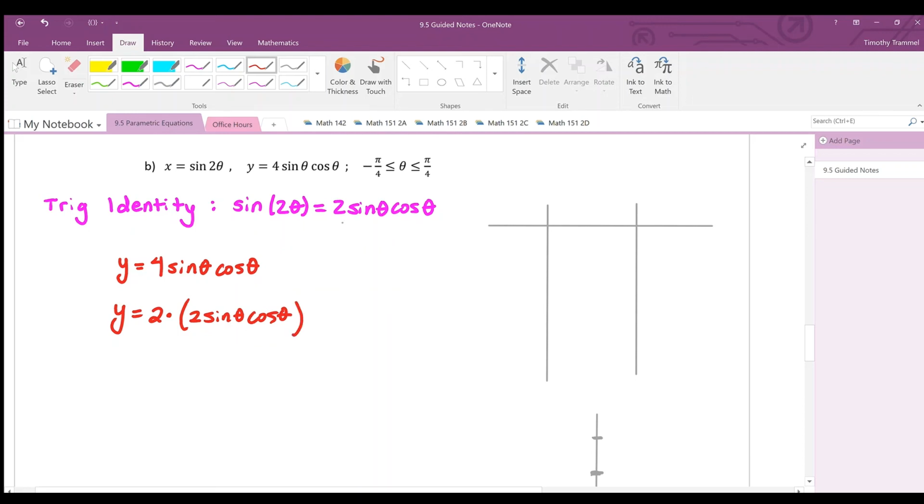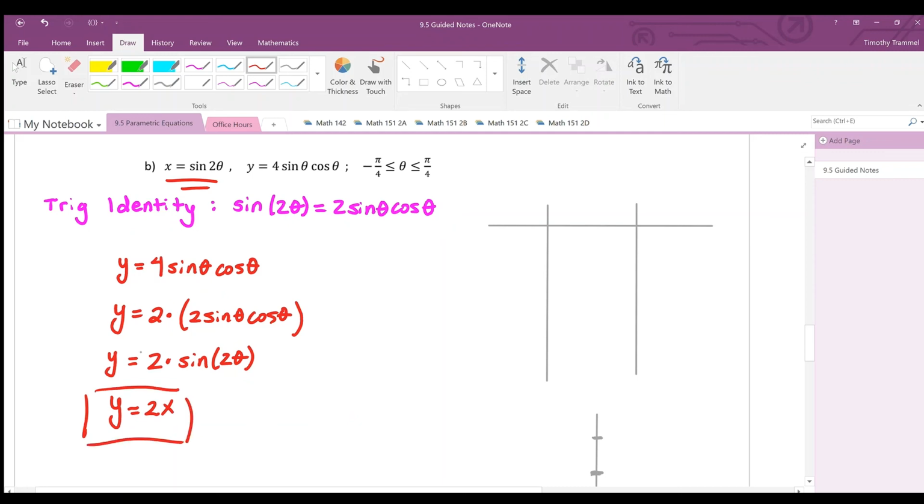And we know that 2 sine theta cosine theta is just equal to sine of 2 theta. So this is really just y equals 2 times sine of 2 theta. Well, we know that sine of 2 theta is equal to x. So this allows us to say, hey, y is equal to 2x.